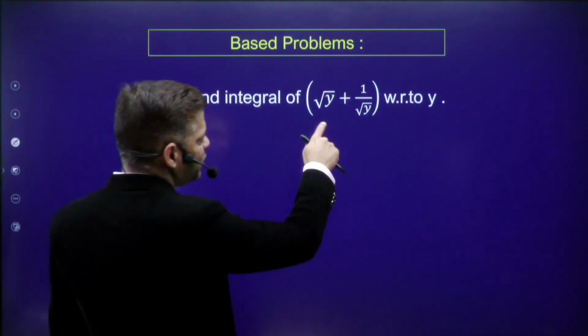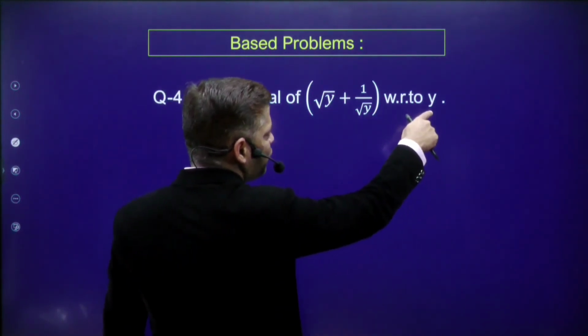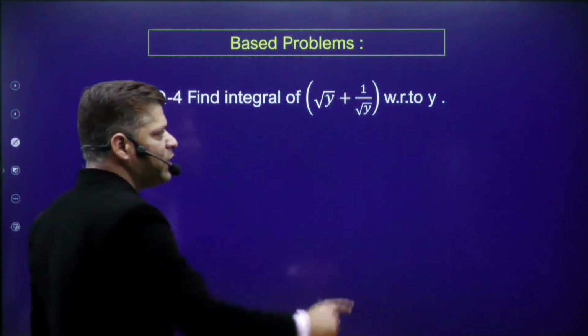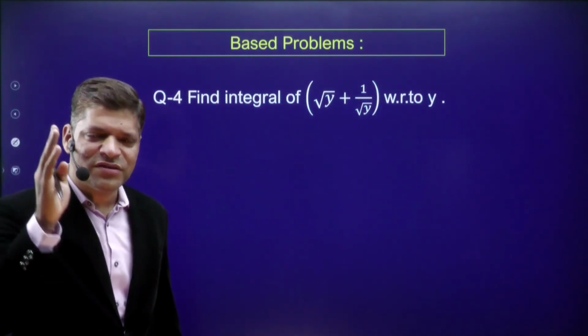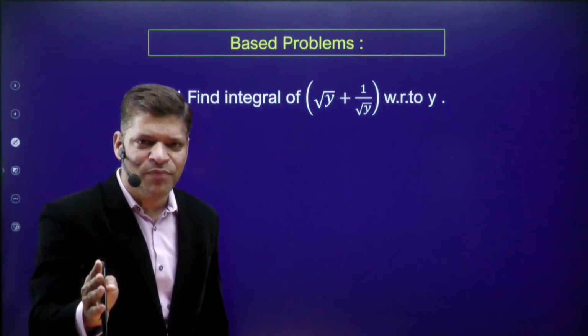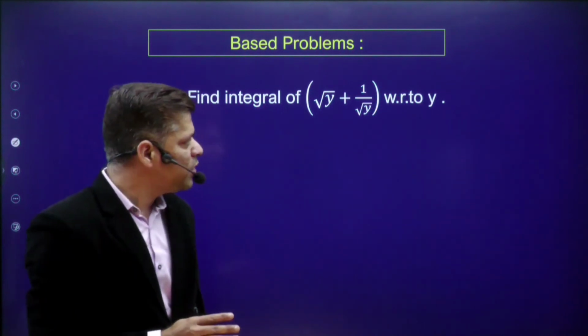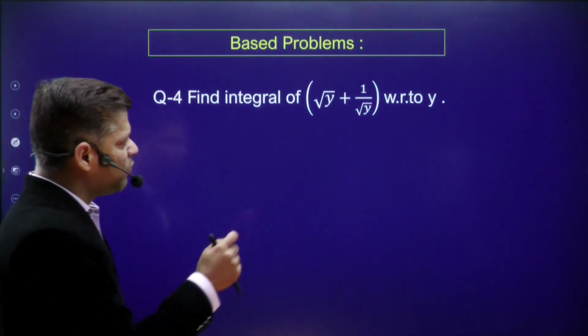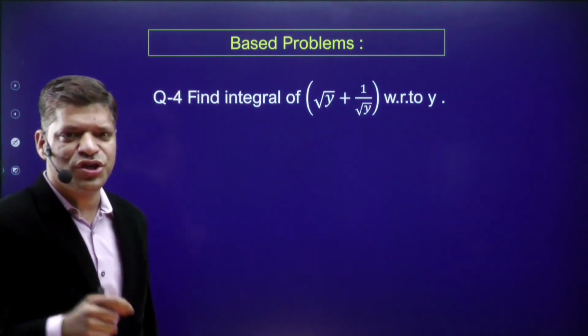Here the function has the variable y, and we also integrate with respect to the same variable y. It doesn't matter, the standard formula will remain the same and apply as it is, as we studied. So do not get confused when the variable in the question changes.